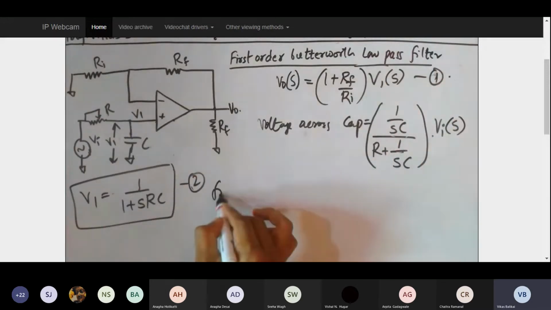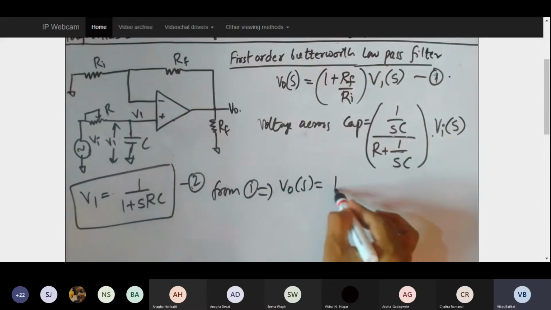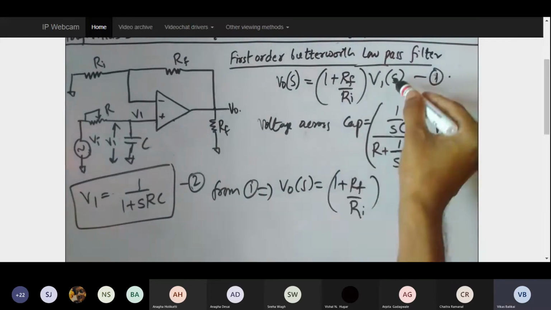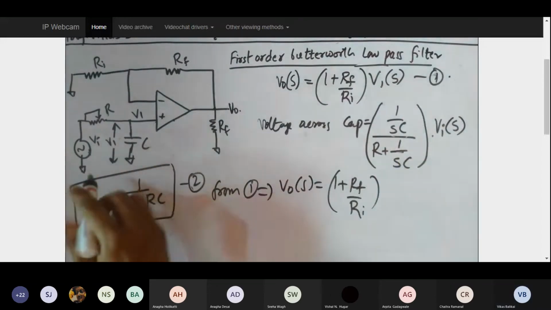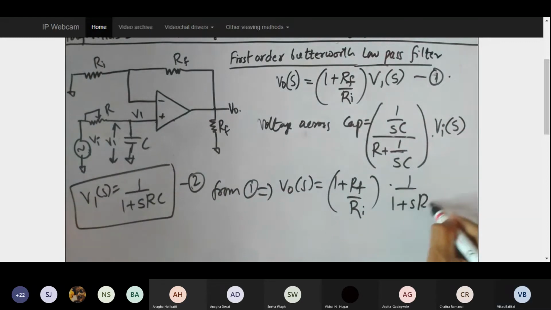So from 1, VO of S is given by 1 plus RF by RI multiplied by V1 of S. So this is basically V1 of S, which is 1 by 1 plus SRC.